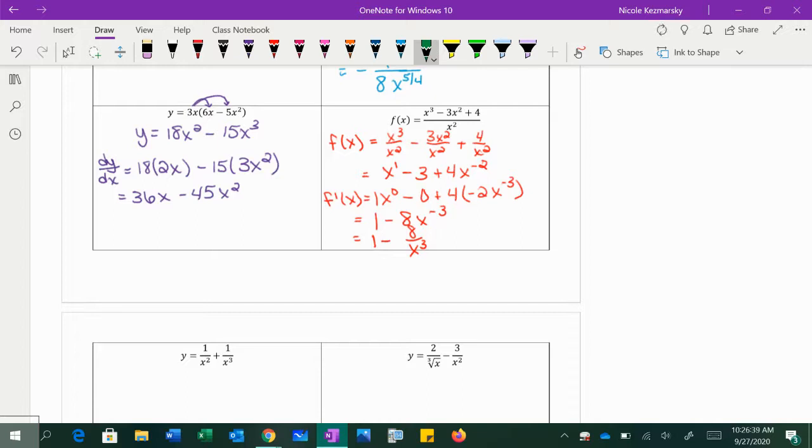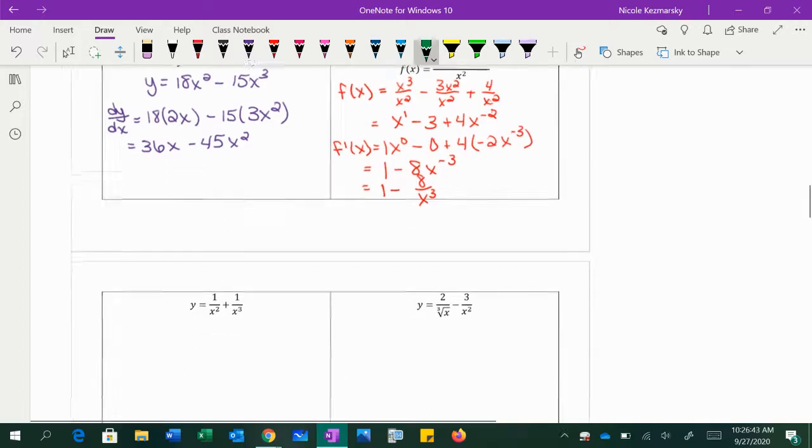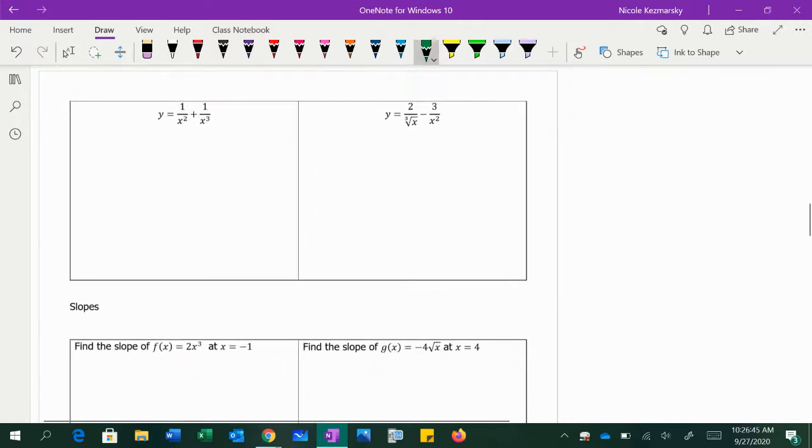We've got a couple more on the next page. So for these two, we're going to do a rewrite. We're going to make this x to the -2 plus x to the -3.